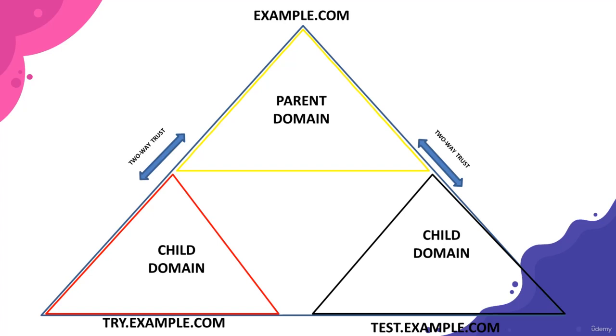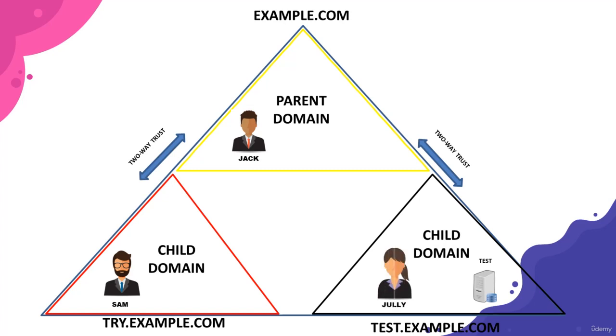All these domains include objects such as users, computers, and groups. Jack's user account is in the try domain, and a server named test is in the test domain. With transitive trust, it is possible to grant Jack access to the test server directly, without creating another trust relationship between the try and test domains.